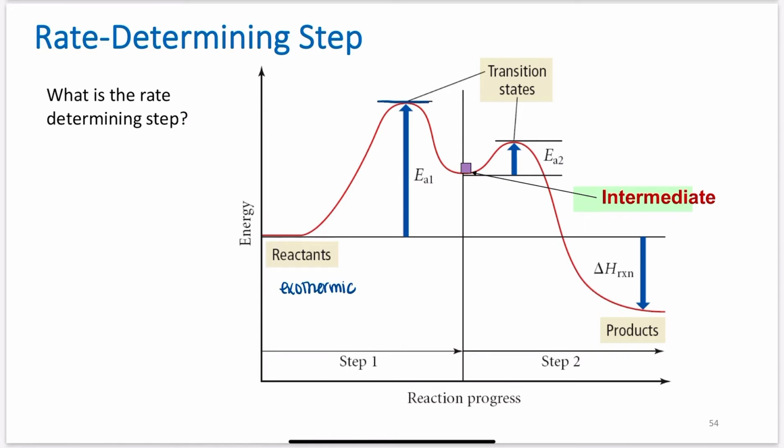I've got a transition state here and a second transition state here. E sub A is your activation energy. It's the energy that is required to go through that transition state.